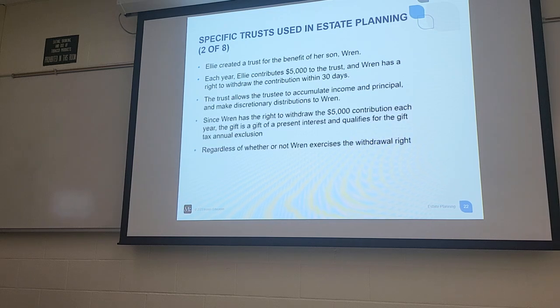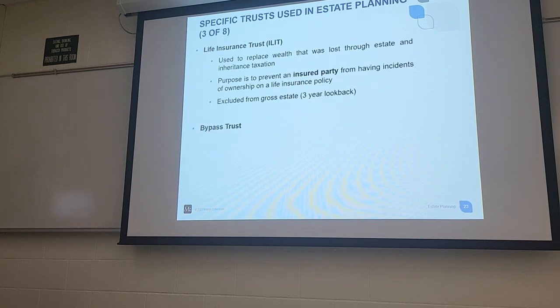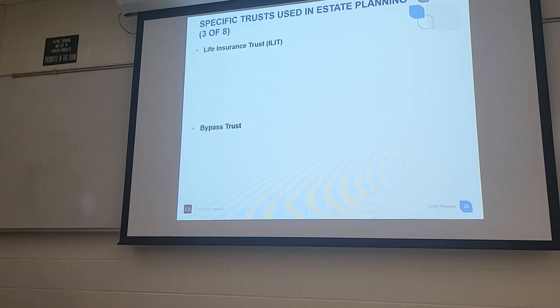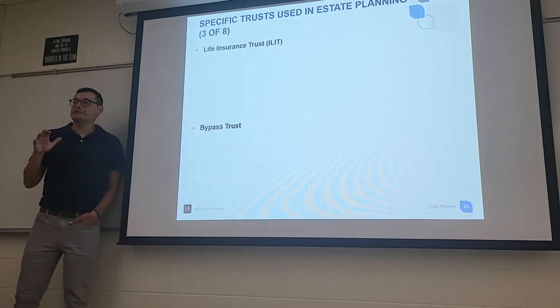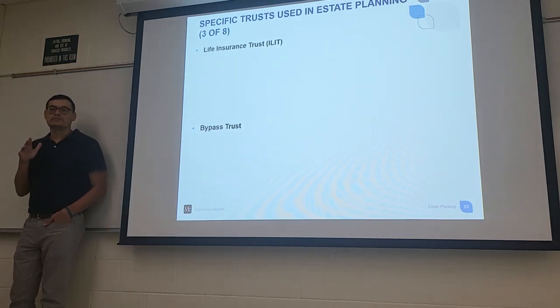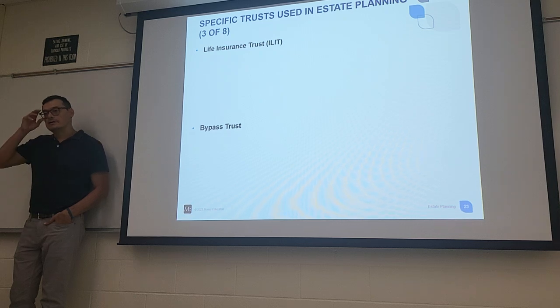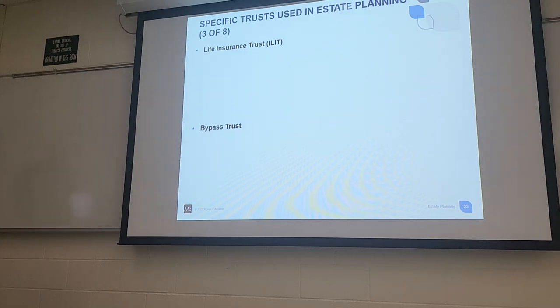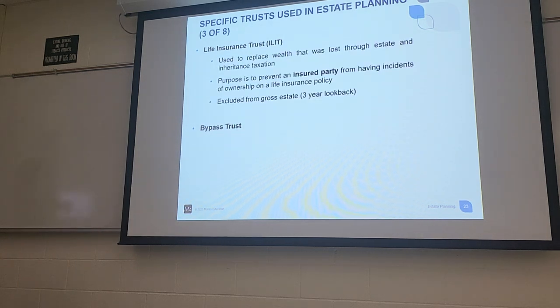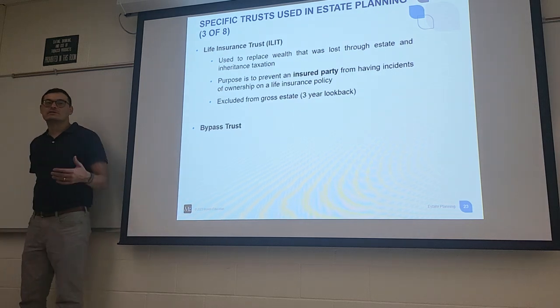Okay, life insurance trust. It's called an Irrevocable Life Insurance Trust, an ILIT. Okay, somebody, before I give it all away, why would you want to put your life insurance in a trust? That's not included in your gross estate. Perfect, that's exactly it. Okay, Irrevocable Life Insurance Trust. It allows you to put this life insurance into a trust.